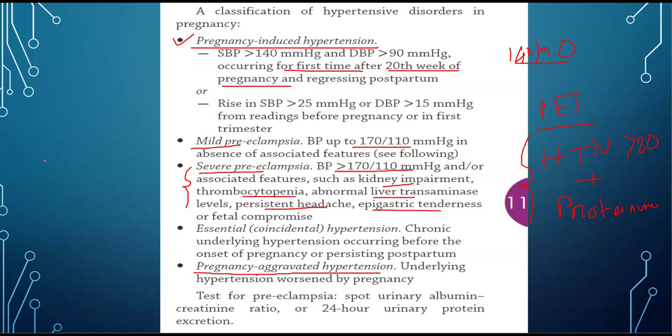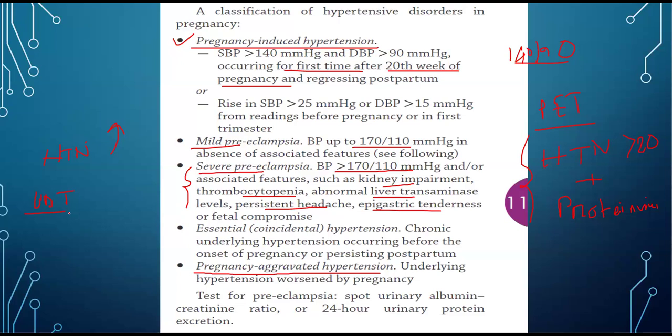You will first check their blood pressure, and you find that the blood pressure is high. To diagnose a patient with preeclampsia, you need proteinuria. So how do you check proteinuria? First of all, you do a urine dipstick. In the urine dipstick, it will say 3 plus or 4 plus protein. That's not a specific or definitive test for proteinuria.